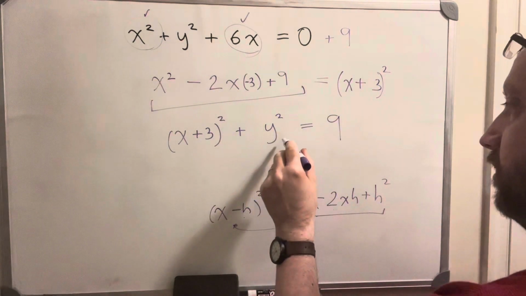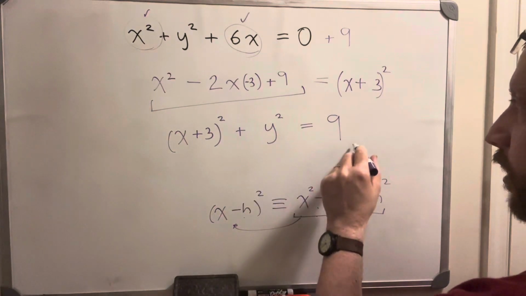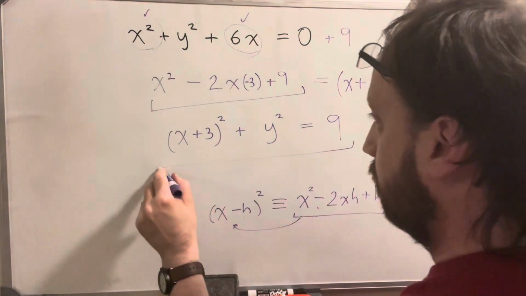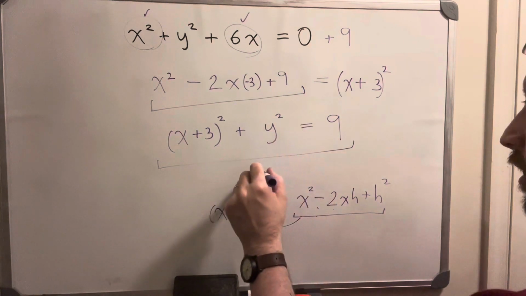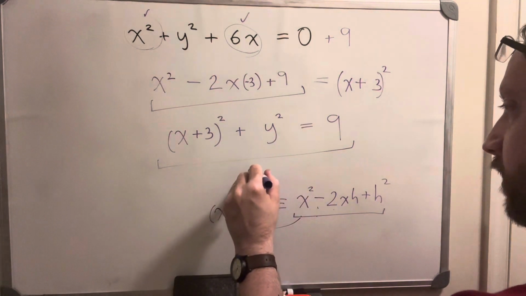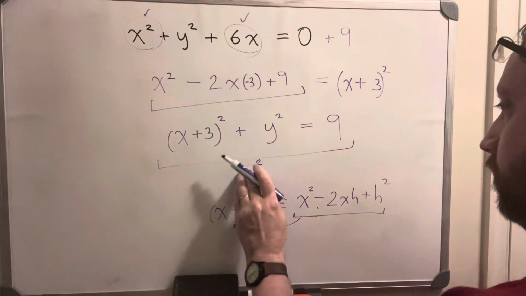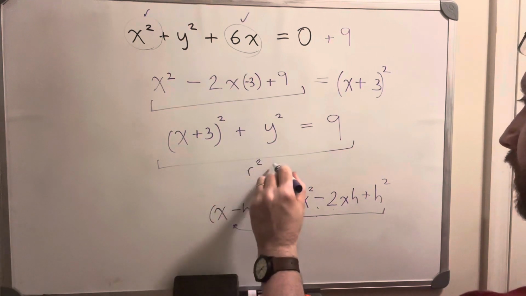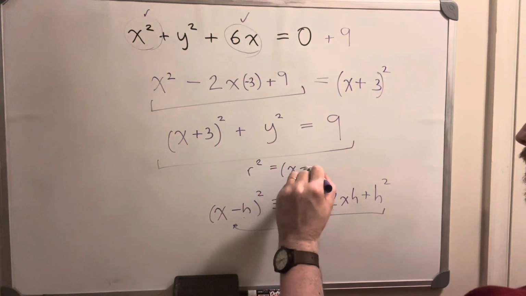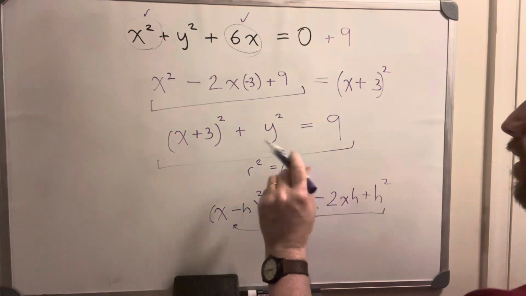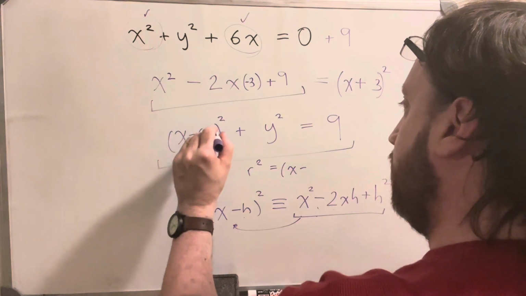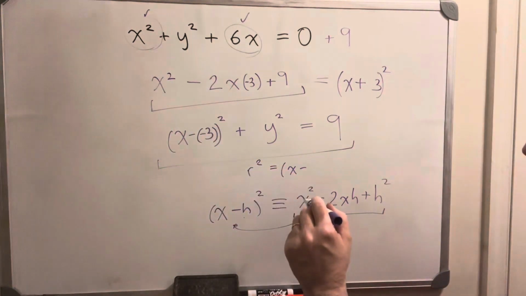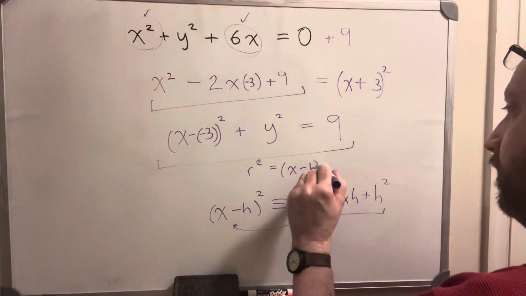Is this the distance squared formula of a circle? Pretty much, but remember the distance formula was like radius squared equals x minus h squared plus y minus k squared. We want to keep it in the form that is exactly that.